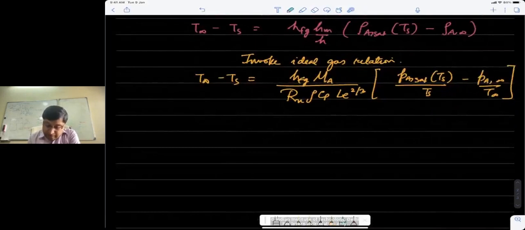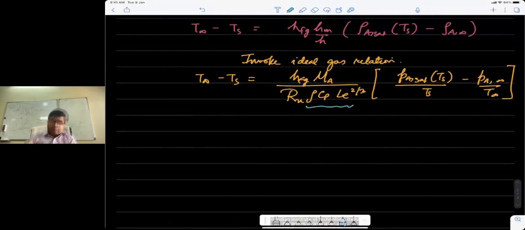The catch is that these properties that we have used, especially rho, Cp, and even the Lewis number, since the problem has a variable temperature, with Ts on the surface and T infinity coming in, are properties of the gas side.